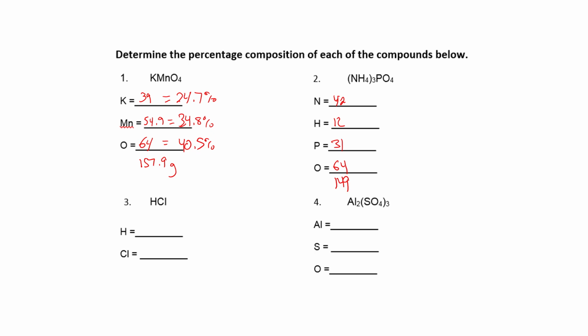So 42 divided by 149 times 100% is equal to 28.2%. 12 divided by 149 times 100% is 8%. 31 divided by 149 times 100% is 20.8%. And 64 divided by 149 is 42.95, so 43%.